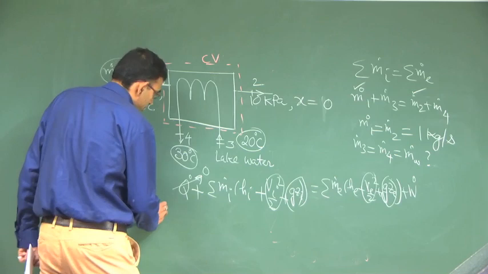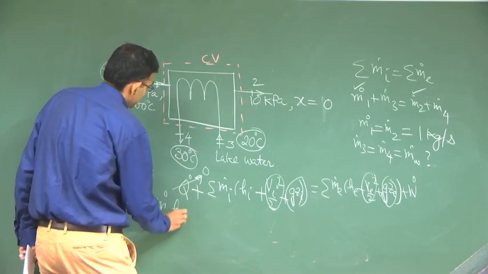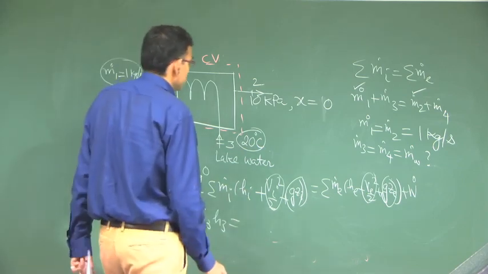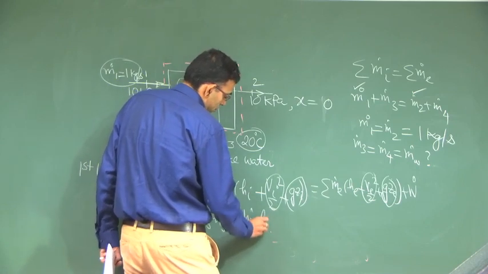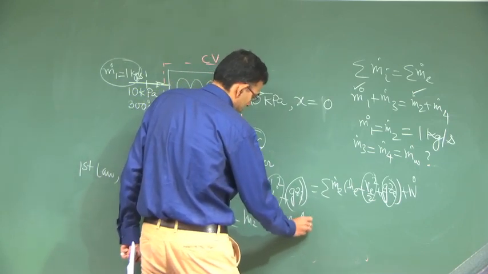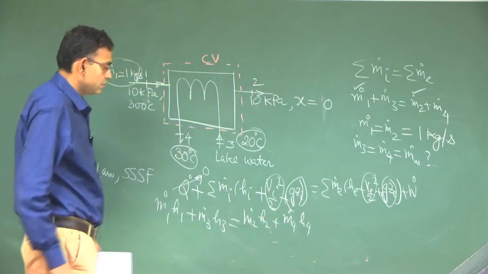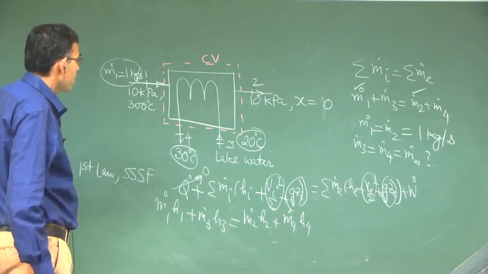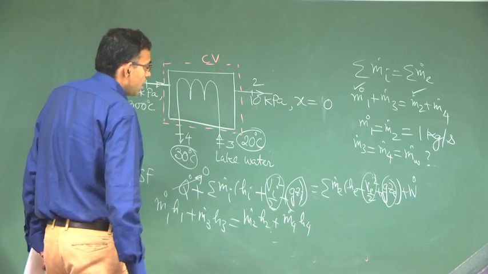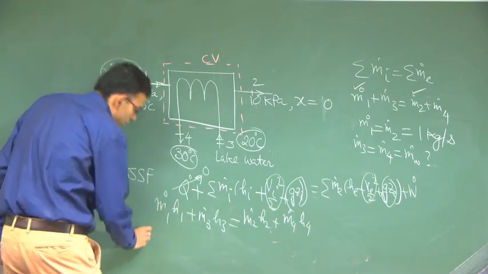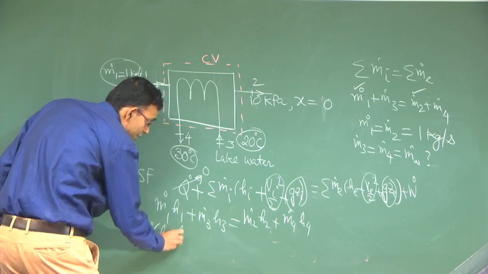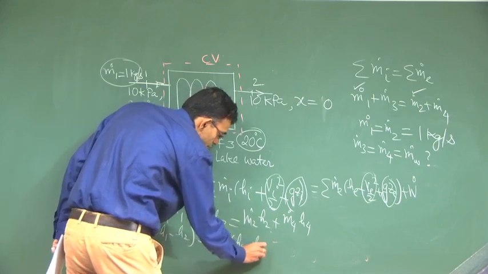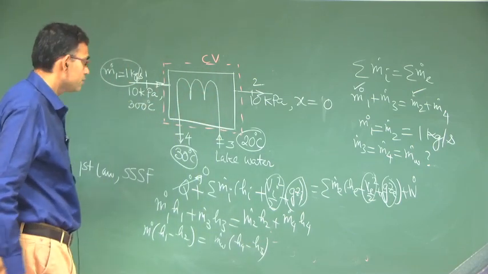So, you have m dot 1 and m dot 2, let us say this is m dot, both are 1 kg per second. So, m dot into h 1 minus h 2, okay.